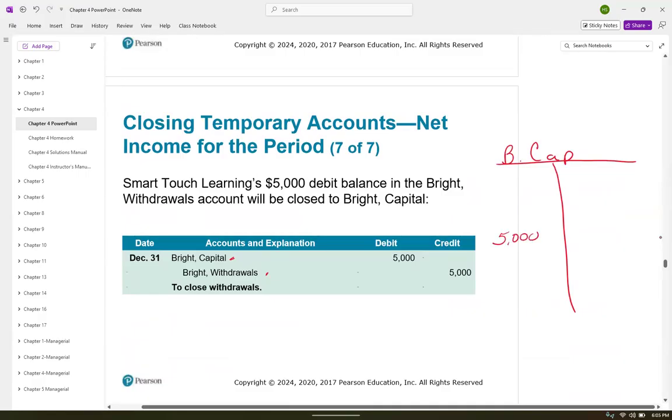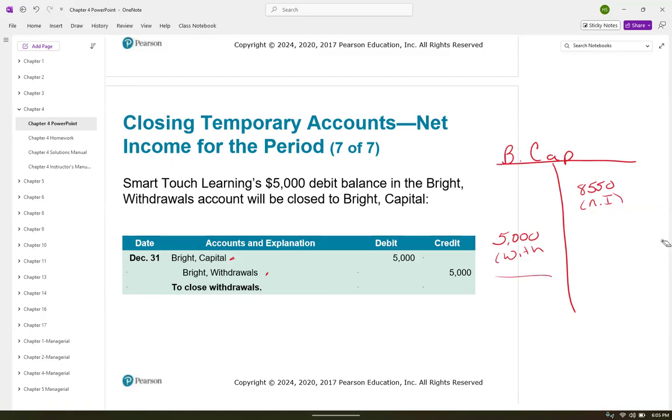We credited the capital account for the 8,550. That was net income. This is your withdrawals. That makes sense, right? Remember, net income is being credited to the capital, so we're making capital go up. The owner took money out, so we are debiting the capital account to reflect them taking that money out of the business and out of their capital account.